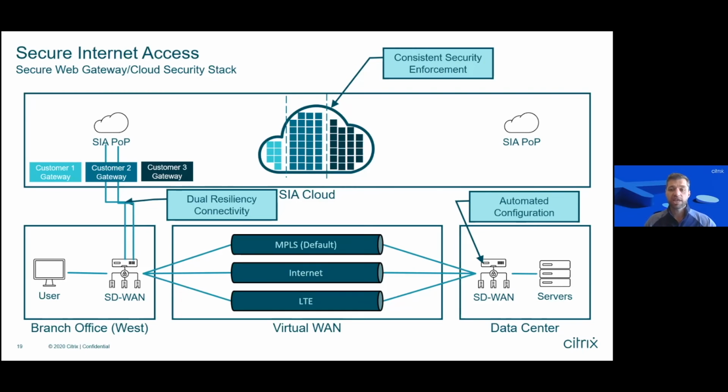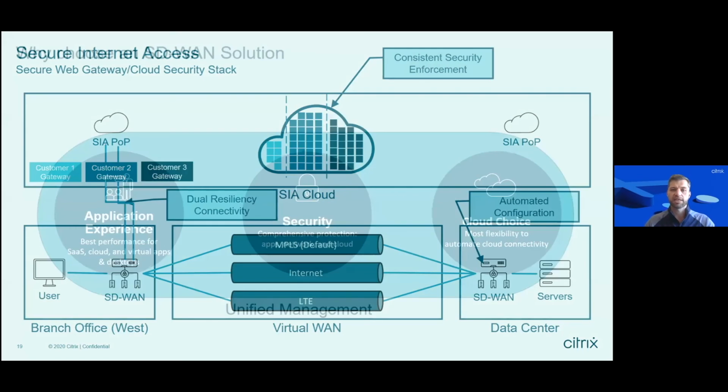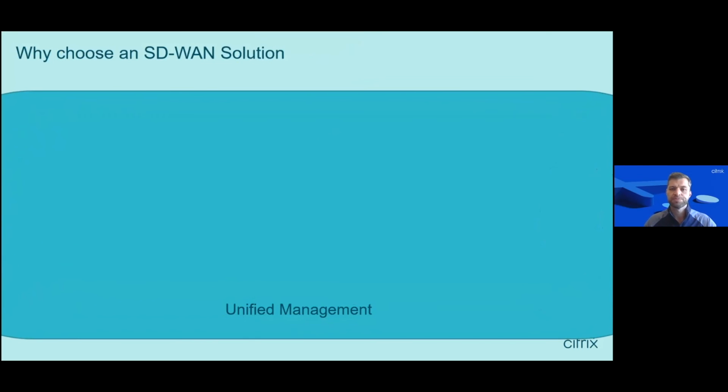Each customer is allocated their own gateway for tenant isolation also. This is good for the regulated industries where you need higher security. You may need a separate IP address where your users are coming from. You may want to upgrade your environment separate from other tenants. And this is what SIA is able to allow you to do.